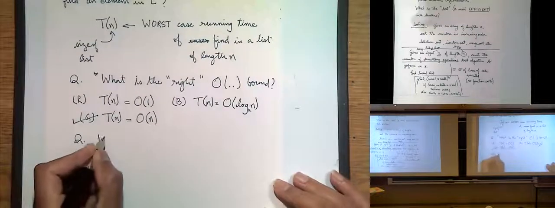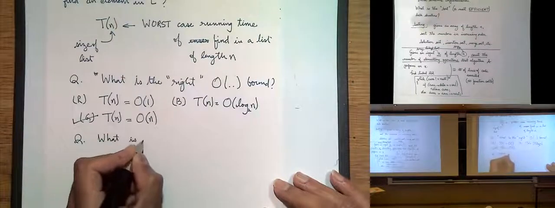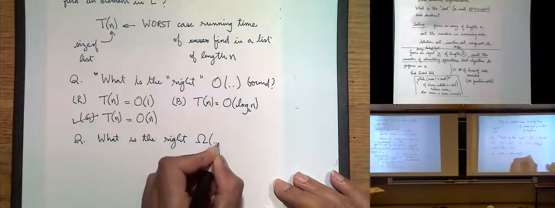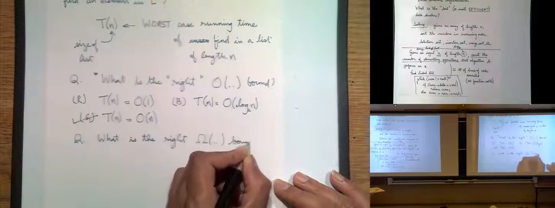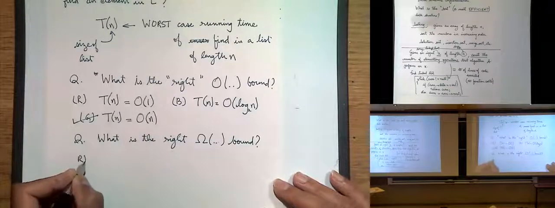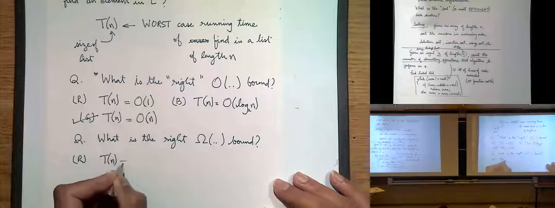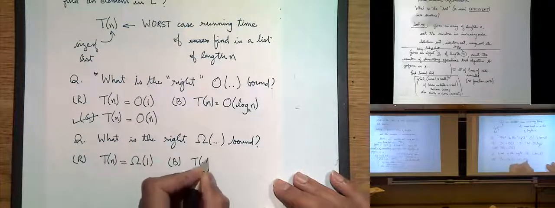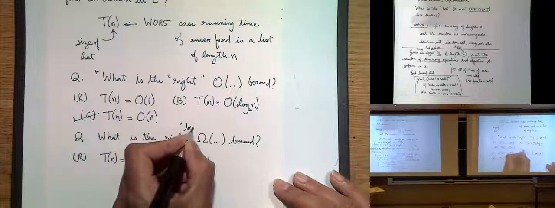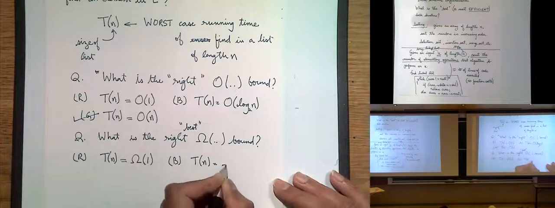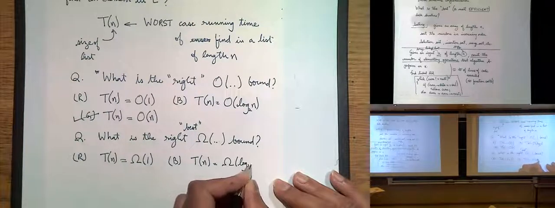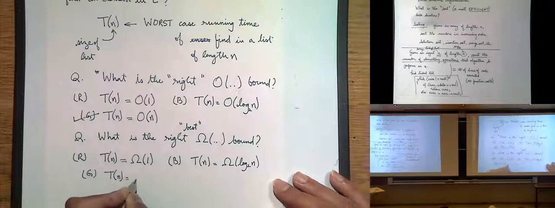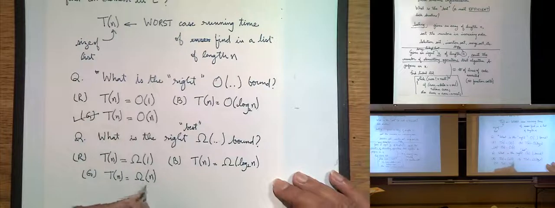Now, the question is, what is the right omega bound? Is it T of n equals omega of 1? By right, I usually mean the best. T of n equals omega of log base 2 n, or is it omega of n? Think about this carefully.